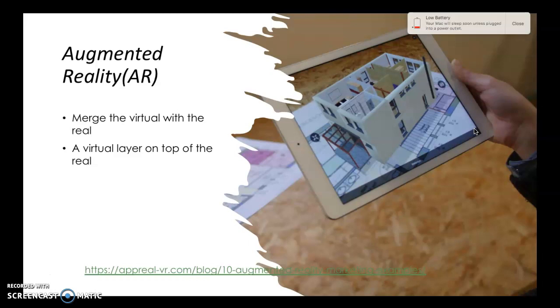I just got it from Walmart for $15, and it has a phone holder with a mirror display just like the Google Cardboard, so you can hold your phone and look at the objects rotating in 3D. So it has been used in a lot of different applications.